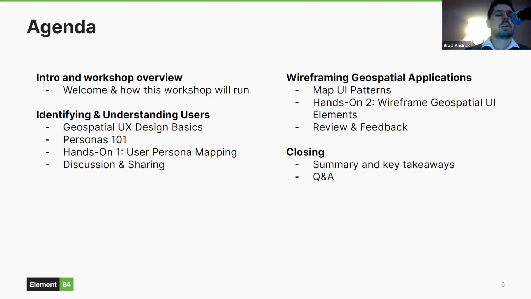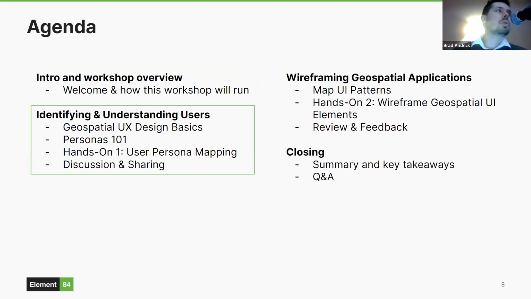The agenda. So I want to walk through what we're going to do first, and then we'll dive into things from there. So we're in the intro right now. I'm just going to give a little bit of a primer and talk about how this will be run. And then we'll move into the first part, which will go over identifying and understanding user needs. So we'll go over some UX, which stands for User Experience Design Basics in the context of geospatial.